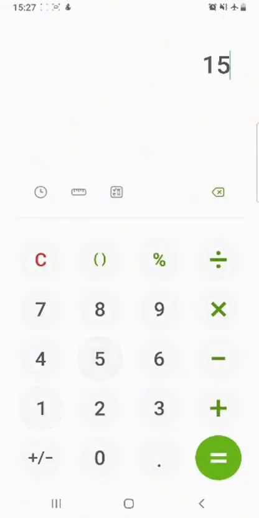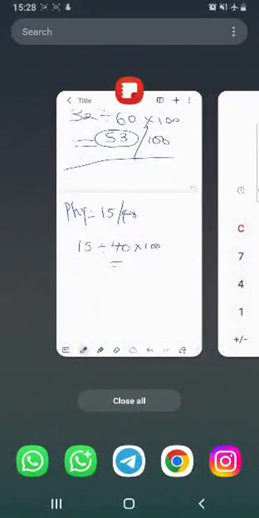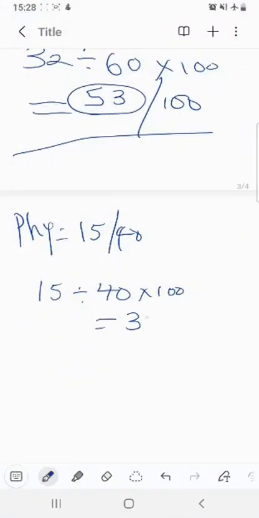So in physics, it's 15 divided by 40 multiplied by 100 to give us 37.5. So in your physics, you are going to score 38. JAMB does approximately 38. So you score 38 over 100 in physics.